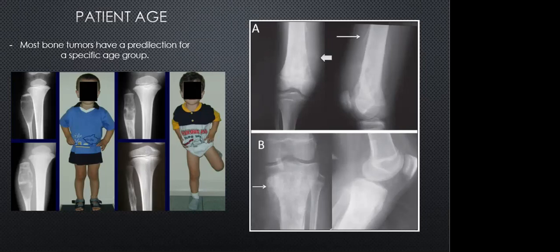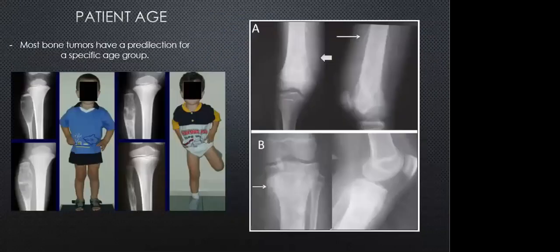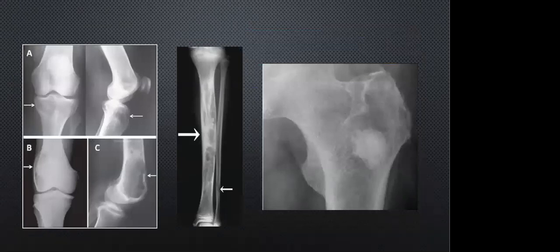Obviamente, para determinada idade nós vamos ter um tipo de lesão ou um pensamento dirigido a uma lesão, independente também da localização dessa lesão. Mas, além da idade e da localização, devemos pensar em quais características poderiam ser benignas ou malignas. Lembrando qual é o tipo de lesão, se ela é lítica, esclerótica ou mista, fundamentalmente observando a zona de transição dessa lesão.